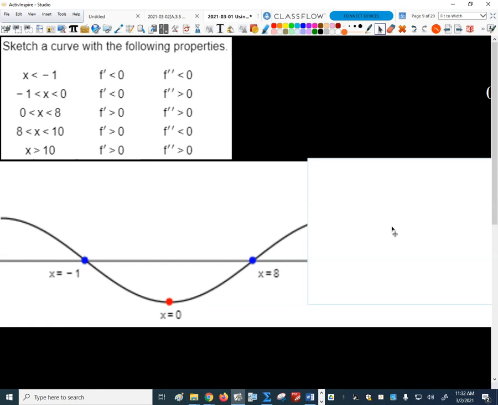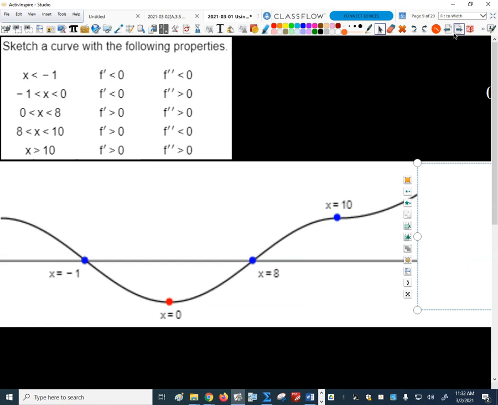Okay, good. Yeah, another inflection point, isn't it? Good. That's what it's got to look like. Okay, everybody good with that? We're making those connections?